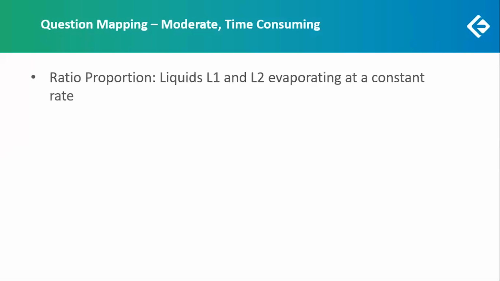Coming to the mapping of moderate but slightly time-consuming questions. There was a question from ratio and proportion where two liquids, L1 and L2, were evaporating at a constant rate. Initially the quantities of L1 and L2 were given in a certain ratio. Then it was given that L1 evaporates at a constant rate of 25 liters per hour and L2 at 20 liters per hour.